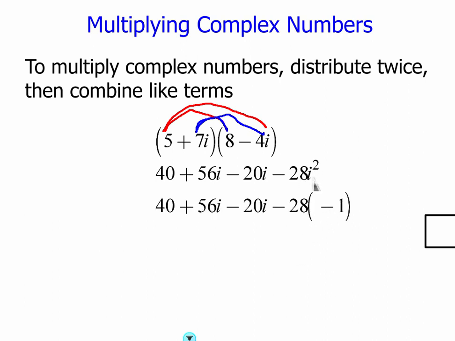We know that i squared is equal to negative 1, so I want to turn that into negative 1. So negative 28 times negative 1 is positive 28. And then I just rearrange the rest of them, and now I just combine my like terms. 40 plus 28 is 68, and 56i minus 20i is 36i. And this is my answer here.